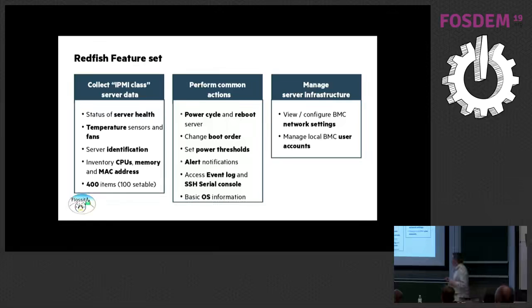There are about something like 400 items that you can get, and among those 400 items, 25% are items you can modify through Redfish as well, because you use the REST API interface. So you can get information, but you can also post information to the Redfish API and have configuration items modified on the fly.